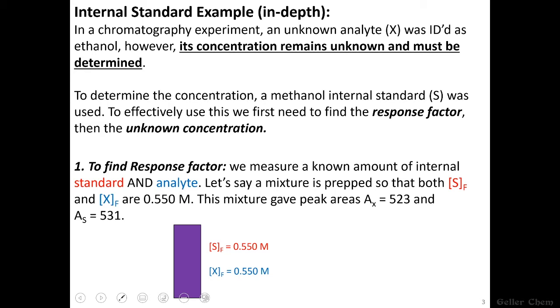So let's say that we prep our mixture so that both concentrations after everything is mixed together are 0.550 molar. Having equal concentrations will make the math a bit easier. But we don't have to do it like this. This mixture is run through the chromatography column and we get the following chromatogram. The signal for the ethanol analyte is 523 and the signal for the standard methanol is 531.